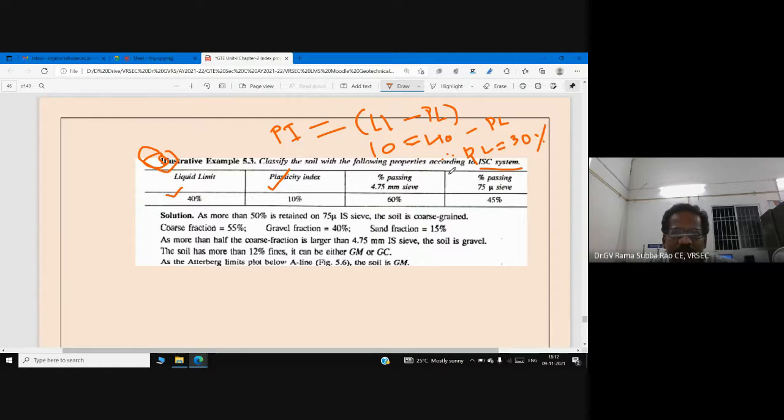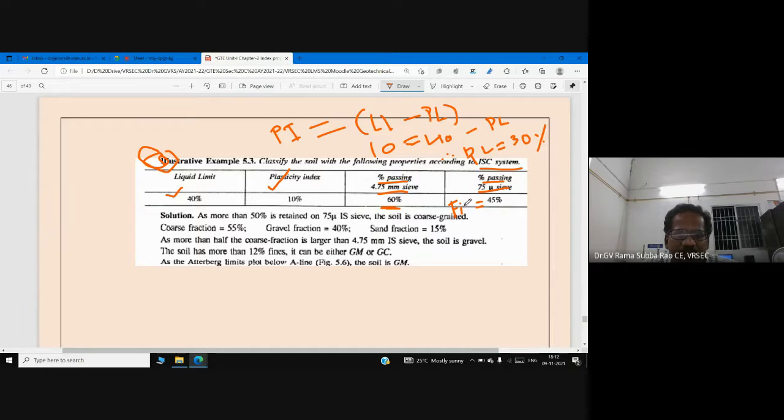Now let us see the percentage passing 4.75 mm. Here you see the fraction of the soil passing through 4.75 is given, that is 60%. And the percentage passing 75 micron is given as 45%. Percentage passing 75 micron is undoubtedly fines, which is a combination of silt and clay.